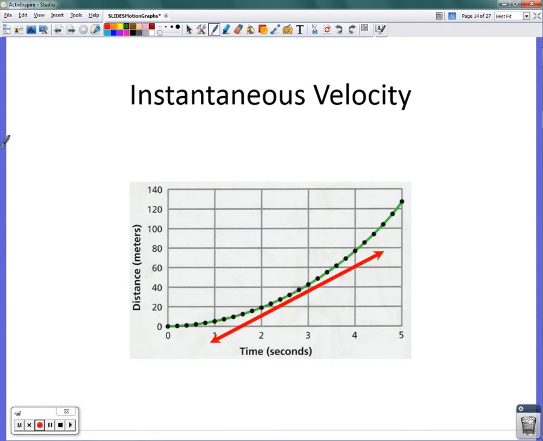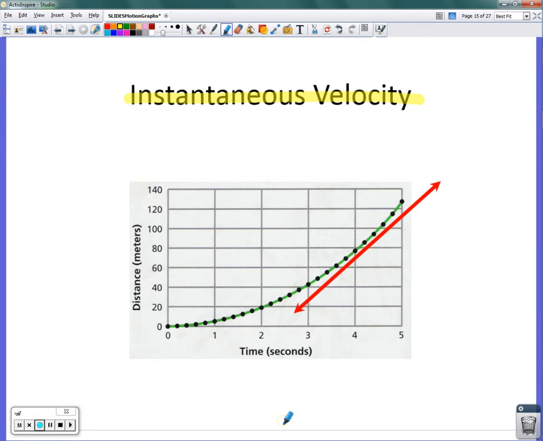A little bit farther on the graph, if we drew a second tangent line, we would see that the slope of that line has increased because, as we've already established, this object is getting faster. And then finally, when we get to the end, this is the steepest line of them all. Those slopes of those tangent lines can be used to calculate what we refer to as the instantaneous velocity.